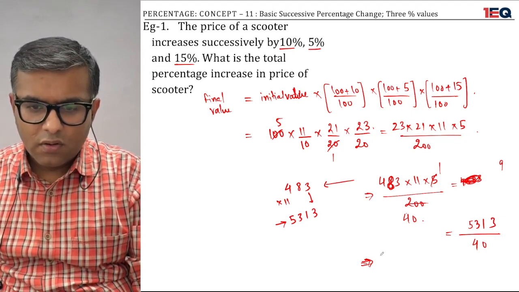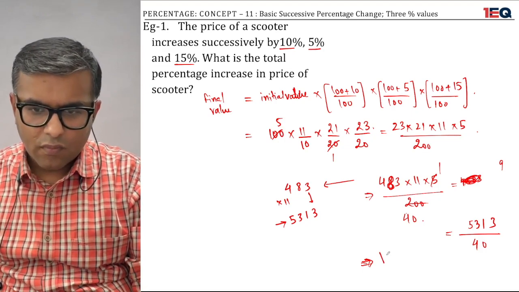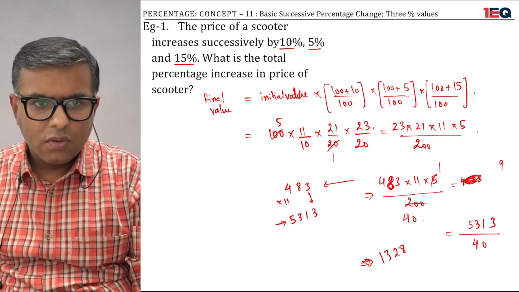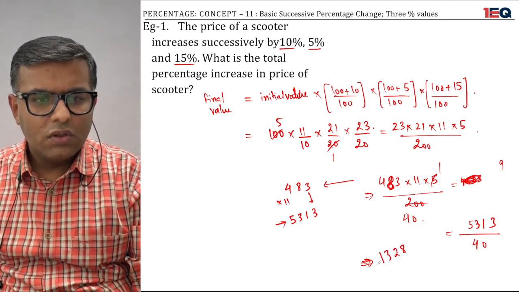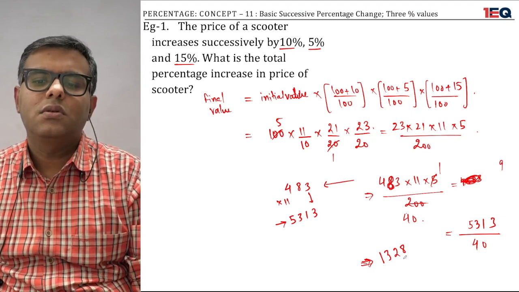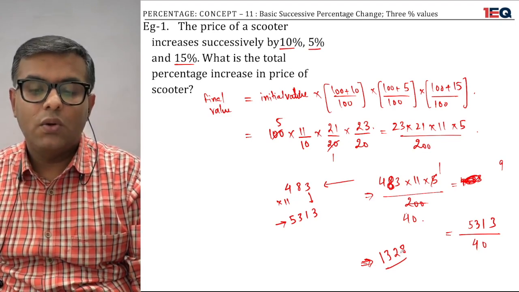Okay, 4 ones are 4, 4 threes are 12, 4 twos are 8, 4 eights are 32. Okay, so the total percentage change is 132.